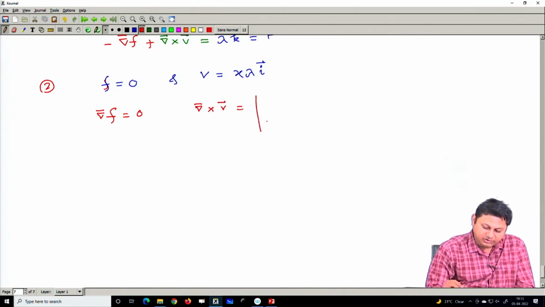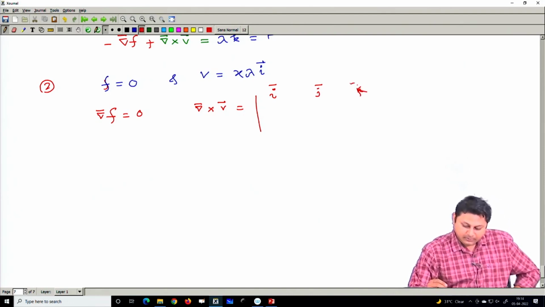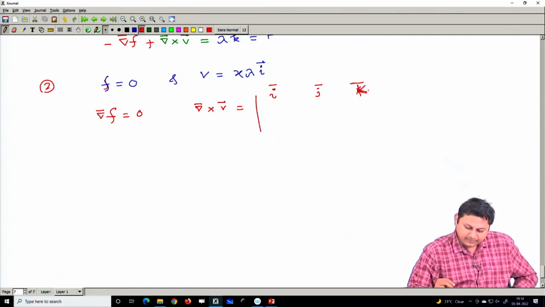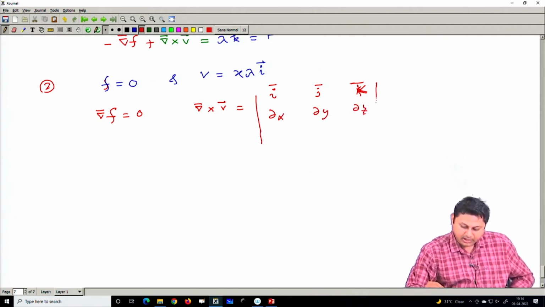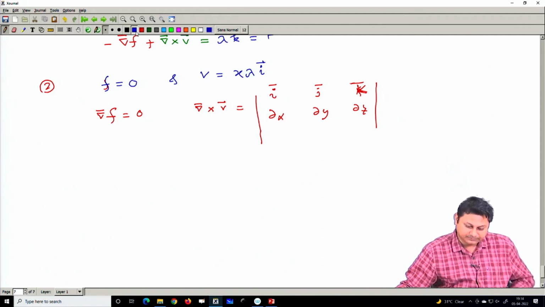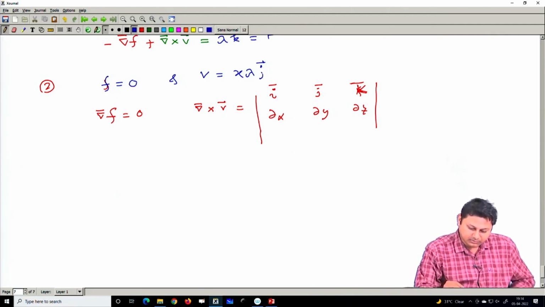The curl of v is the determinant with i, j, k, del x, del y, del z, and the components, the x component, okay, this is not i, this should be j.